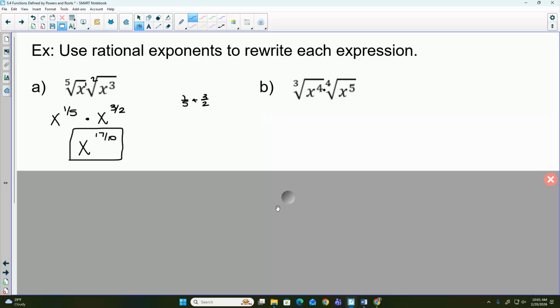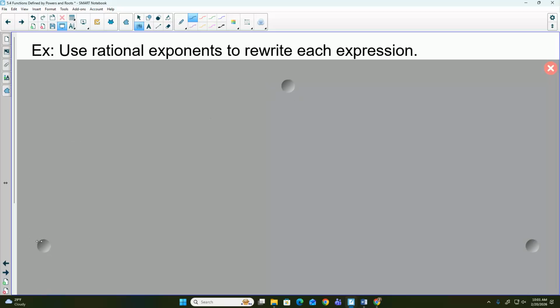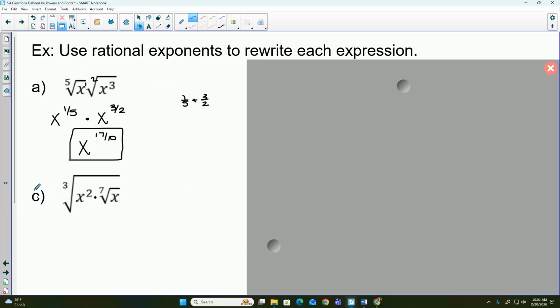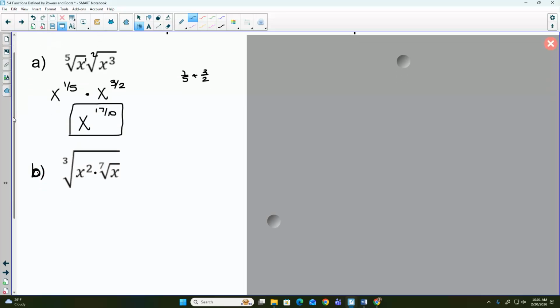All right. I'm actually going to switch. I'm going to do this one next. This is going to be my B. Okay, this whole thing is under a cube root. A cube root is what kind of power? 1 over 3. Inside it, I have an x squared times the 7th root of x.